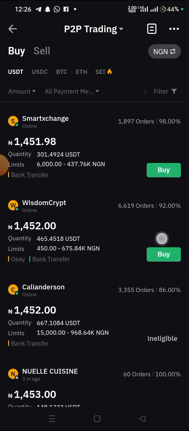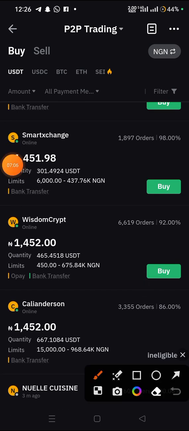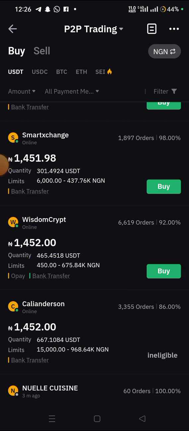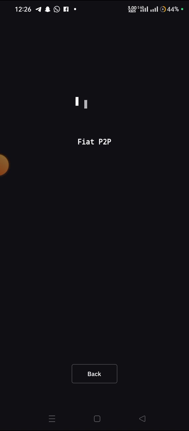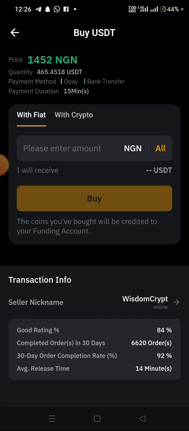For example, this person here is selling at 1,452 naira. Let's say I want to buy about 600,000 naira worth of USDT from this person. Remember, USDT and USDC price is almost always the same.